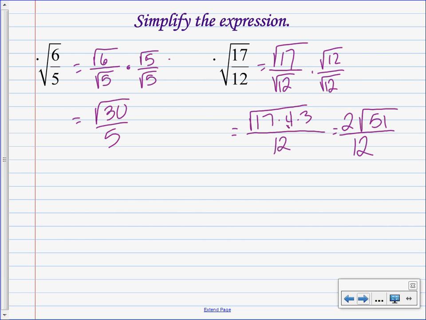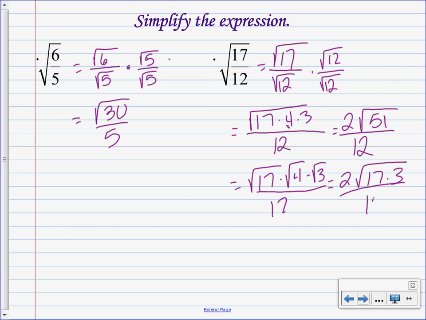So I could actually write this as the square root of 17 times the square root of 4 times the square root of 3, according to the property, all over 12. The square root of 4 is 2, times the square root of 17 times 3, which gives me this one right here. That way I don't get the great big number where I have to divide.